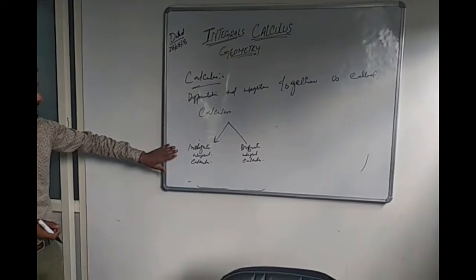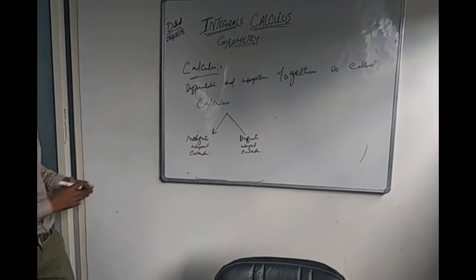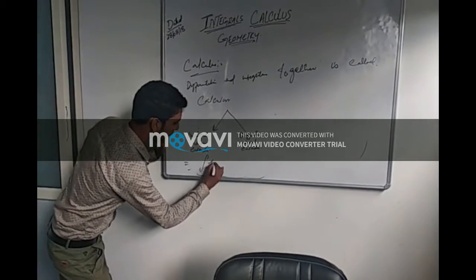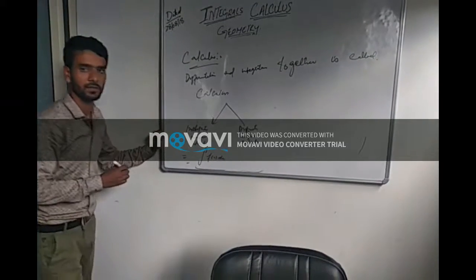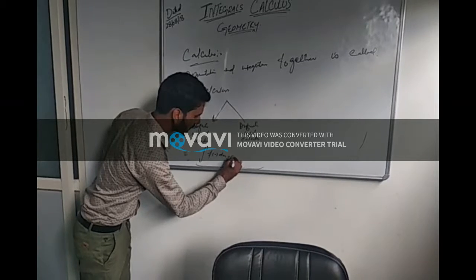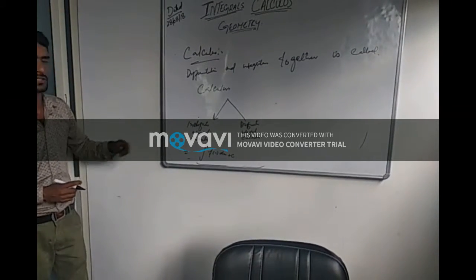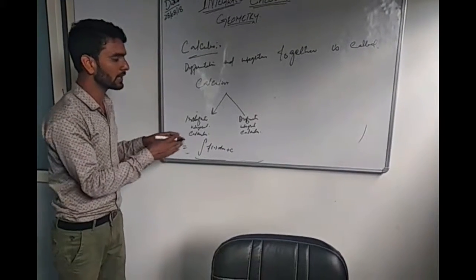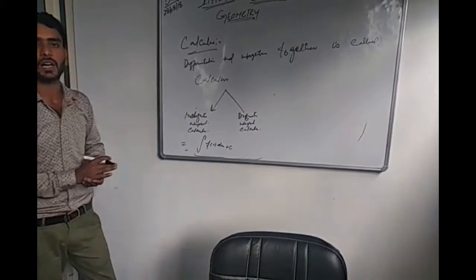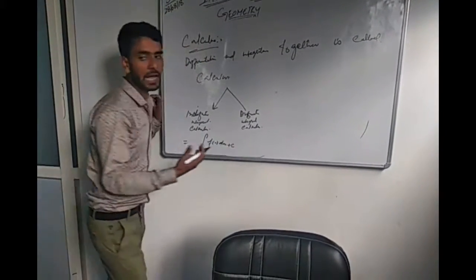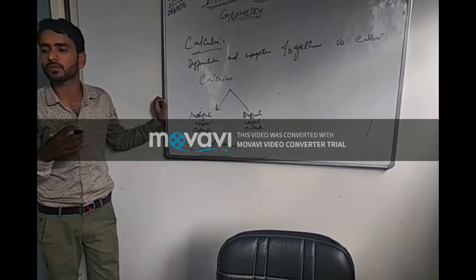As we have discussed, in indefinite integral calculus the general notation is the integral sign, f of x dx, with plus c, where c denotes the constant value. While in definite integral calculus, we use limits, meaning we use the upper limit and the lower limit.